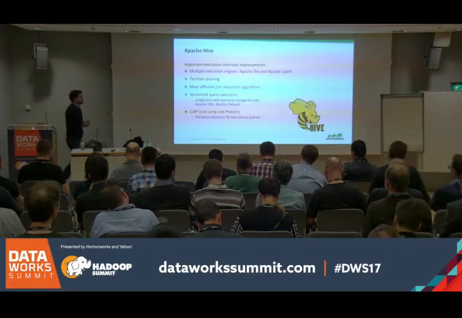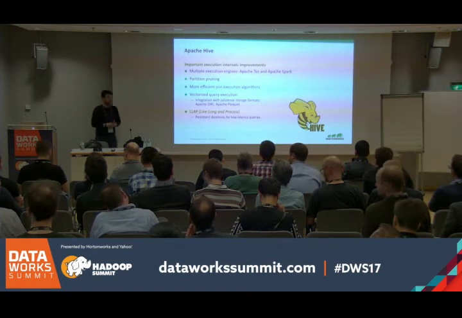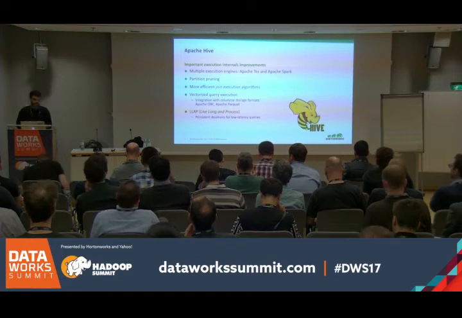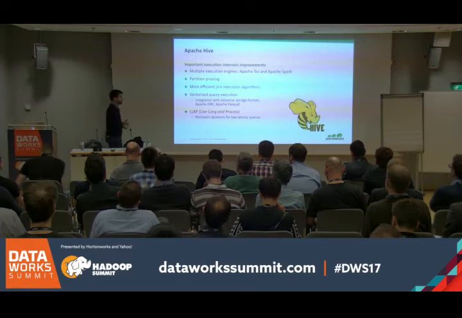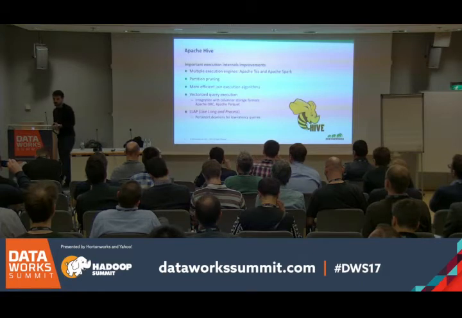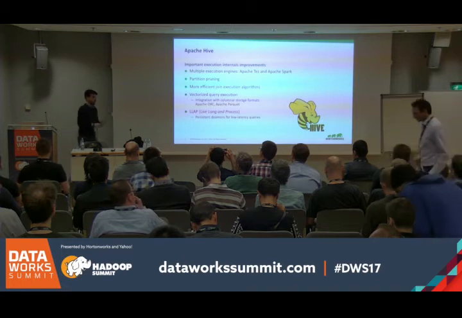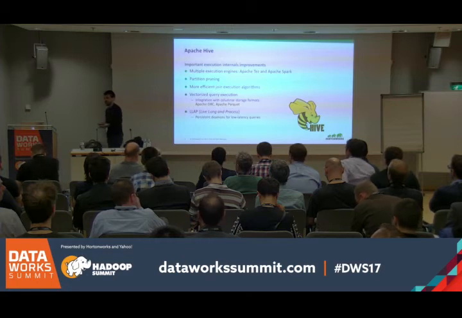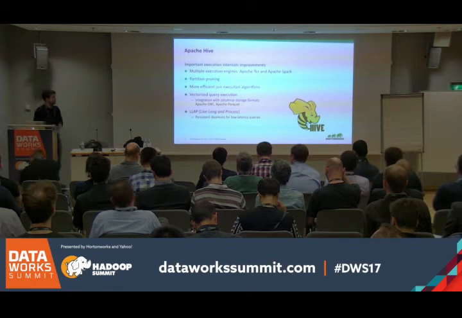In order to reduce the latency, the execution time, there were multiple improvements that came into the execution internals. First of all, we moved out of MapReduce, and then we supported multiple execution engines such as Apache Tez or Spark. Some optimizations were introduced, such as partition pruning, so basically you will be able to read only the data that is relevant for the query itself.